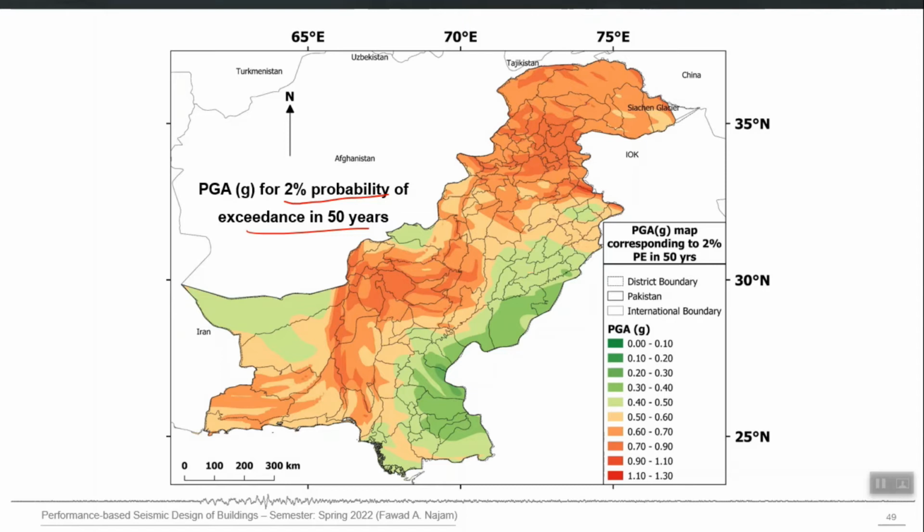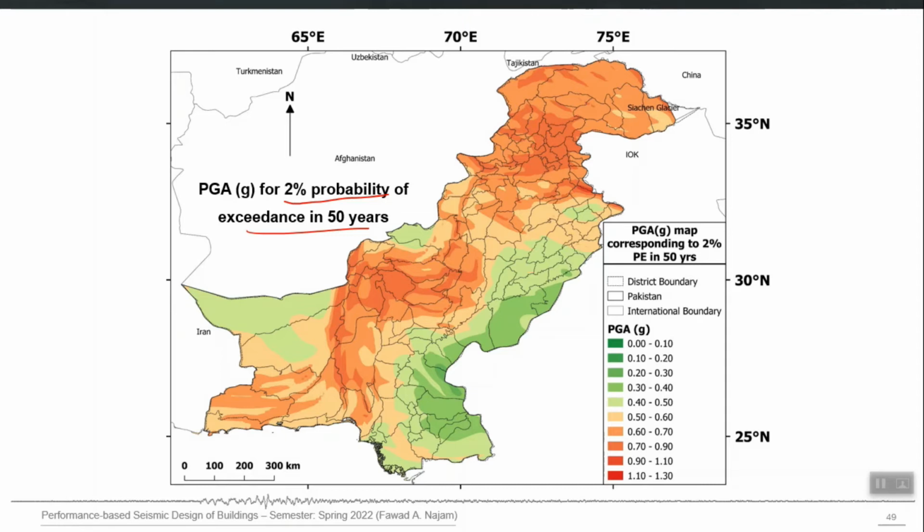Once you make a detailed seismic source model and run it, you can run it for SS, you can run it for S1, you can run it for any spectral acceleration. So we make maps for everything: PGA, SS, S1, spectral acceleration at 2 seconds, spectral acceleration at 3 seconds. It is your choice, it's just a matter of running the analysis again and again.